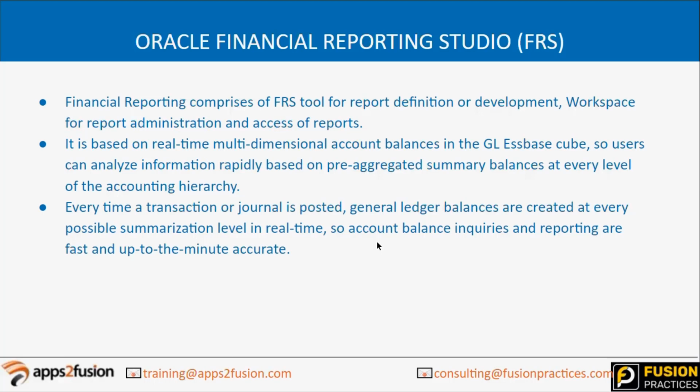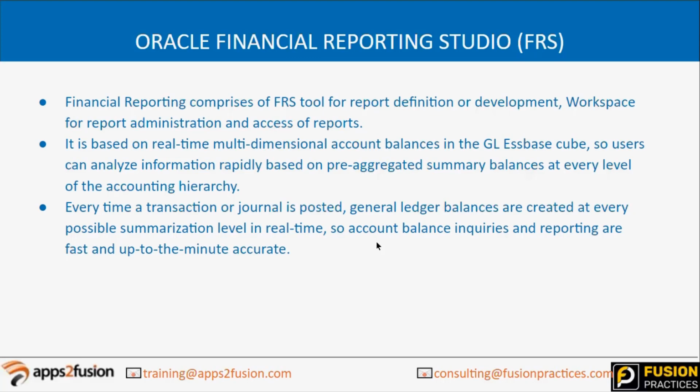And the second point is about how the FRS report data is pulled out. This data is pulled based on the Essbase Cube. If you look at the transactional database data, it is actually a simple 2D table type, right? But if you look at the GL Essbase Cube, it is a multi-dimensional cube where you will have a lot of dimensions, like all your chart of account segments, each considered as a dimension.